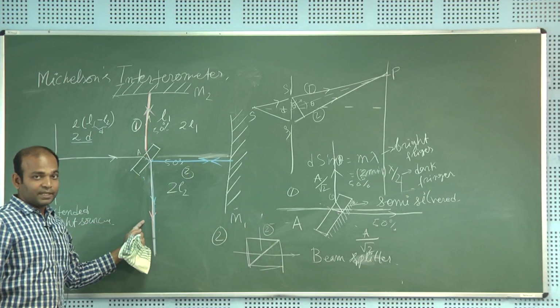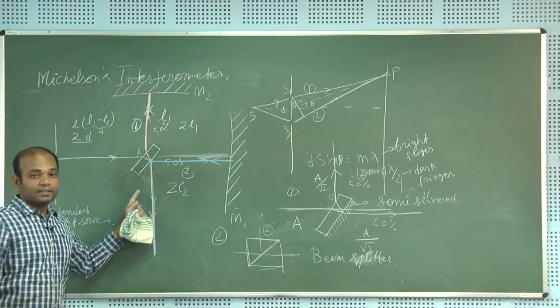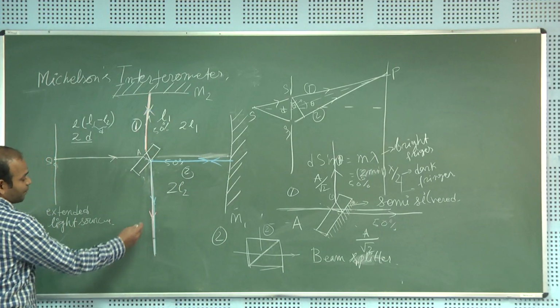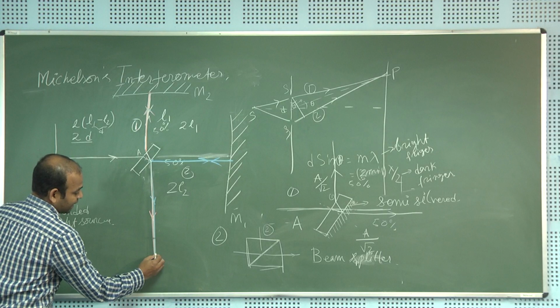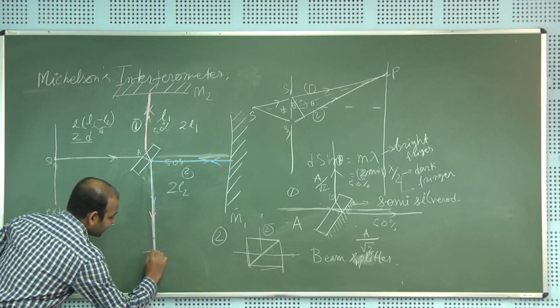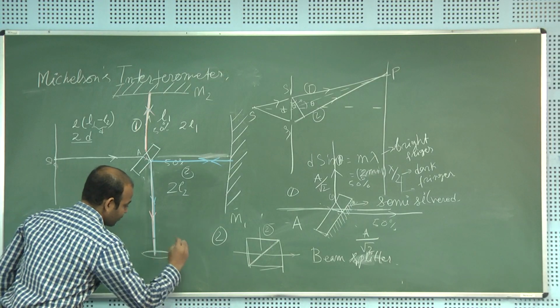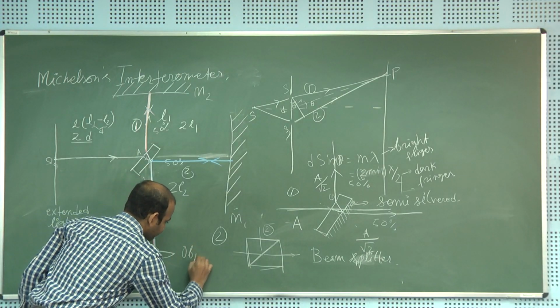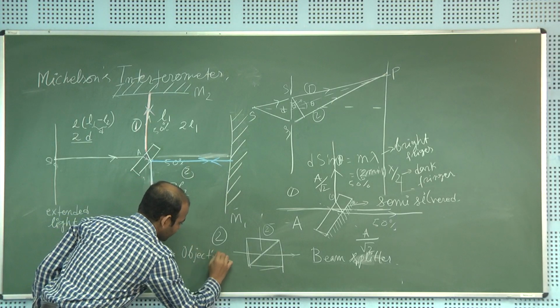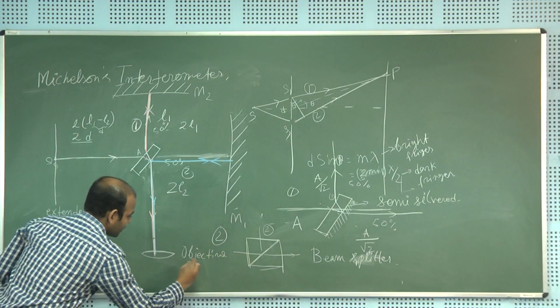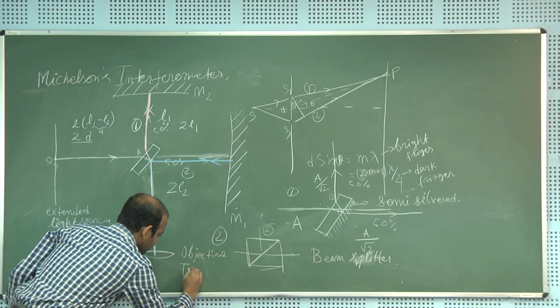We will see by another drawing why these are parallel beams, and in order to see that we basically need an arrangement, or let us say a lens, or you can call it an objective lens, or objective, or you can also call it a telescope.